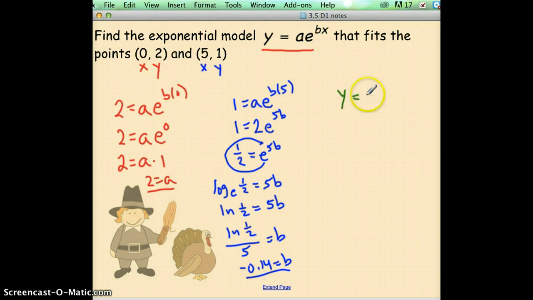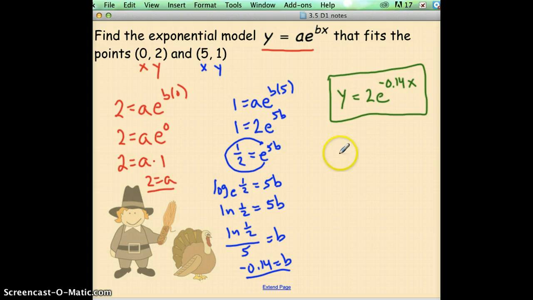So y equals 2e to the negative 0.14x. And that would be the model, the exponential model, that goes through those 2 points. Okay.